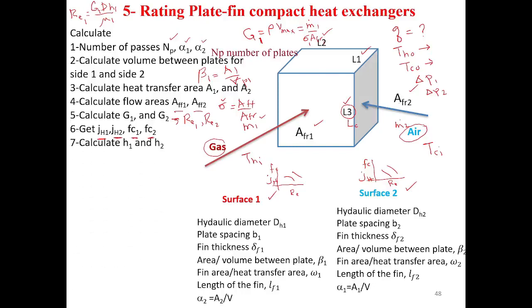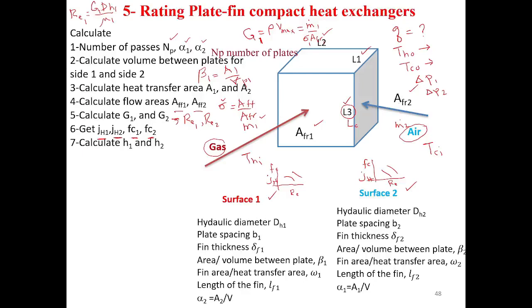After that, since JH is known now, you should be able to find the heat transfer coefficients H1 and H2 very easily. Of course, one step that we did not say, but it has to be done, is that the properties like the viscosity, the specific heat, the Prandtl number, and others have to be calculated based on some average temperature.